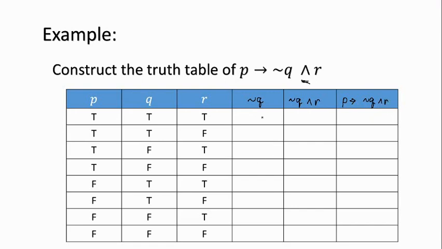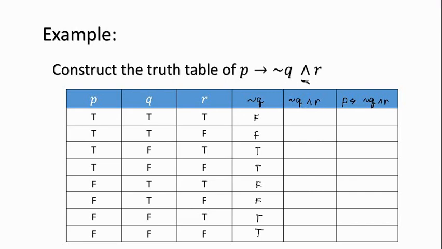Alright, constructing the truth table, we have false, false. We are negating all these truth values. So this is true, true, false, false, and then true, true. Not Q and R are the columns.